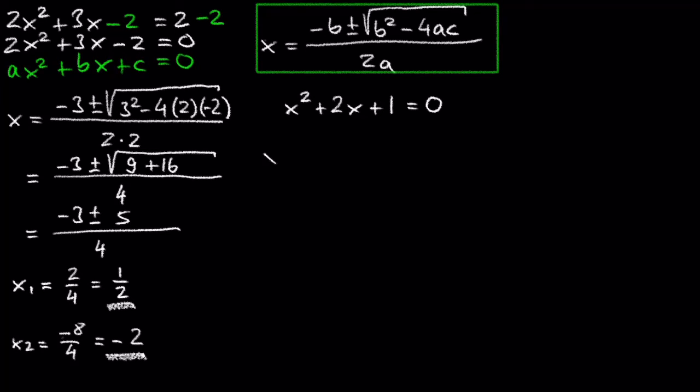X is equal to negative b is 2, plus minus the square root of b squared, so that's 2 squared, minus 4 times a is 1, times c, which is 1, all divided by 2a, or 2 times 1.